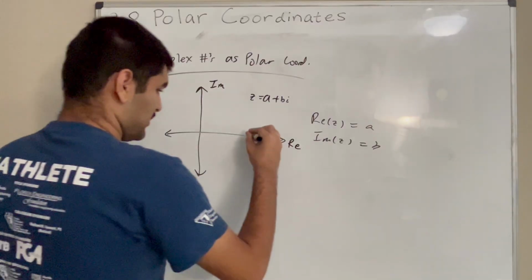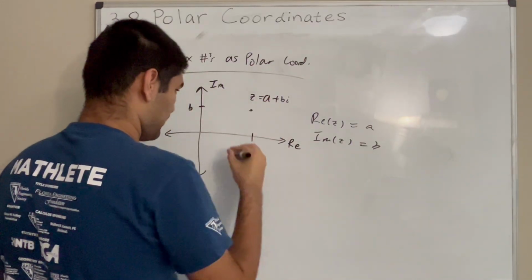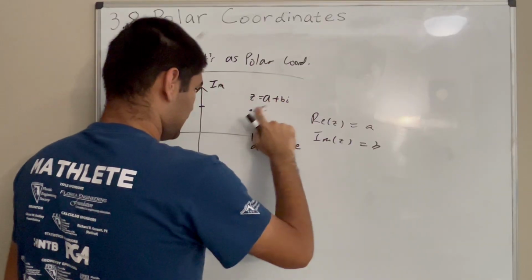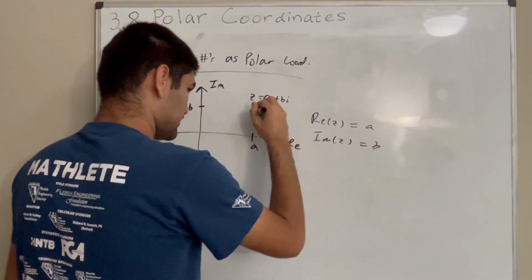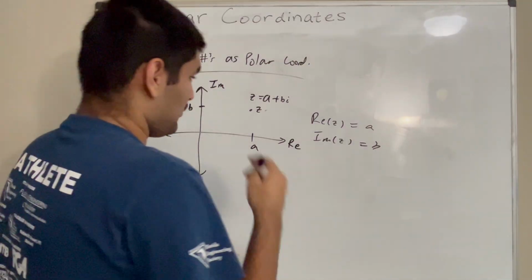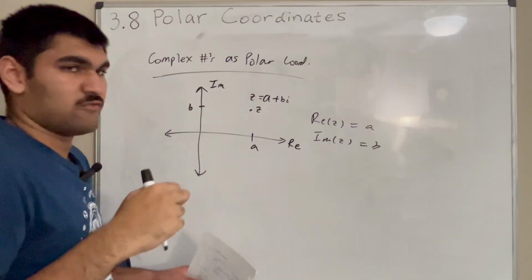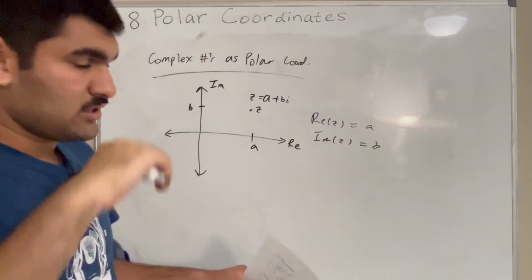The imaginary part of z is simply just the coefficient of i. So it's just b. And so then on the real axis, you graph the real part of z, and on the imaginary axis, you graph the imaginary part of z. So if this point right here is a, and this right here is b, then this point right here would be z, right? So that's z right there. All right. But this is almost analogous to rectangular form and the real plane, right?